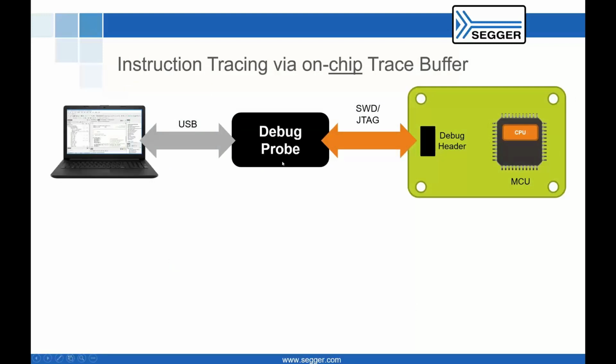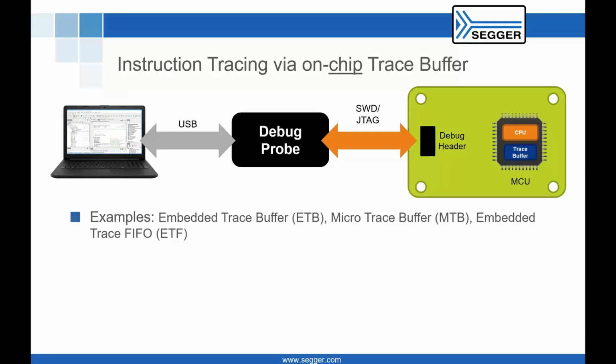This is the instruction tracing if you're using an on-chip trace buffer. They might be called different things in the ARM world. You might find your microcontroller has an ETB, embedded trace buffer, or MTB, micro trace buffer, or it might be called embedded trace FIFO. Those are usually RAM buffers on the MCU to capture trace information.